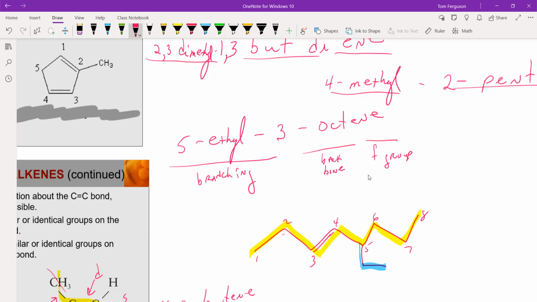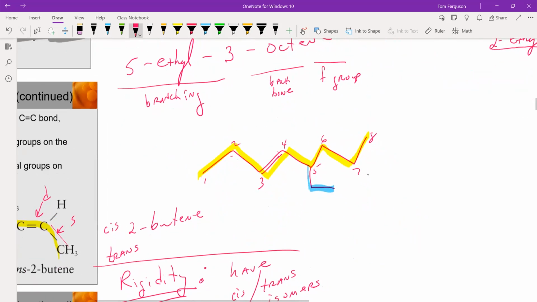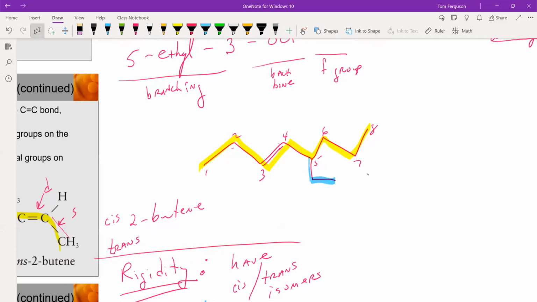What would the formula for that be? Well, how many carbons do we have? We have 8 on the backbone plus 2 out here on the branch. That's 10 carbons.